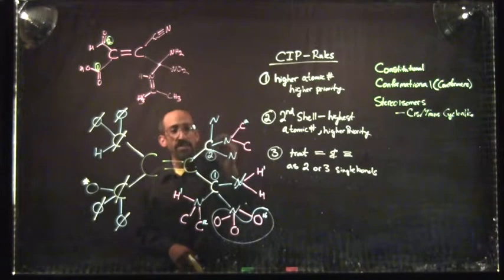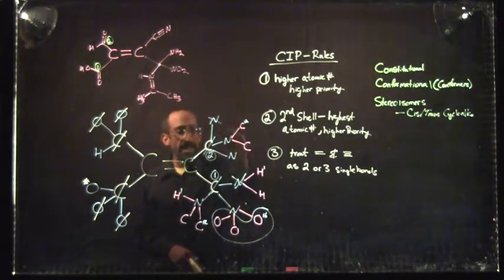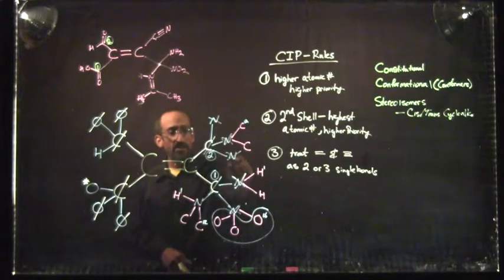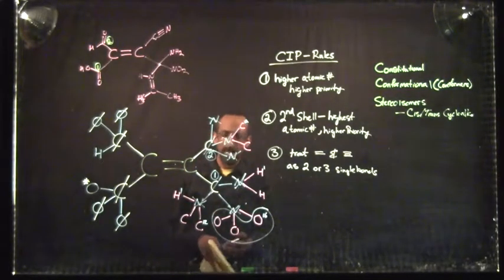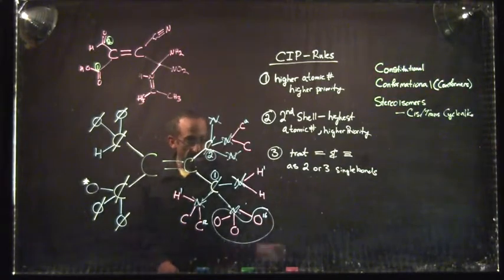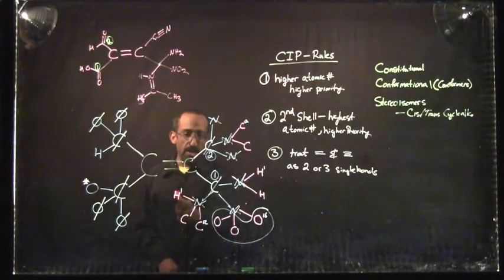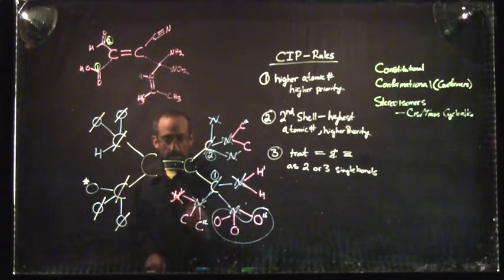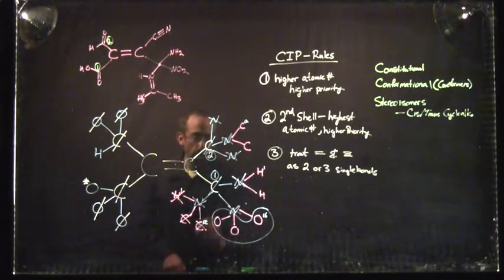Another way to do this would be to say this carbon and this carbon tie, this nitrogen and this nitrogen tie, this nitrogen and this nitrogen tie, this nitrogen and this nitrogen tie. I have to move to my third shell. Here I have a hydrogen, here I have an oxygen, so these three lose.